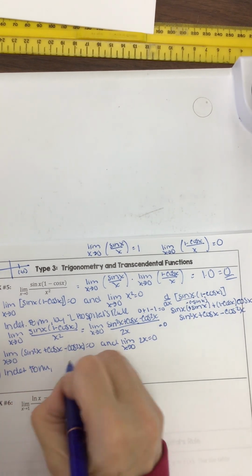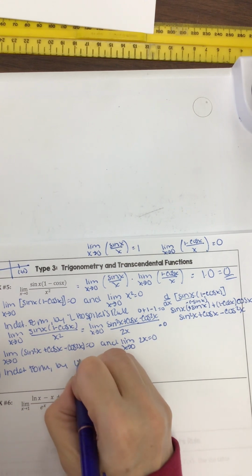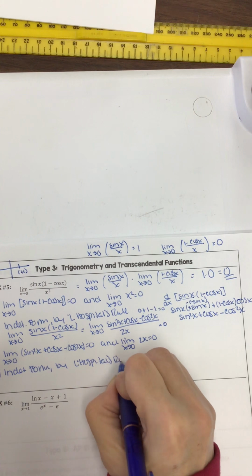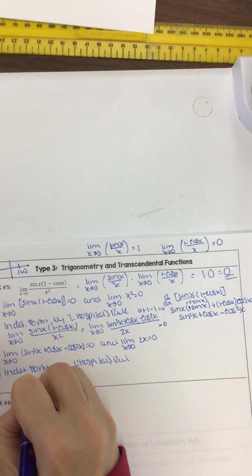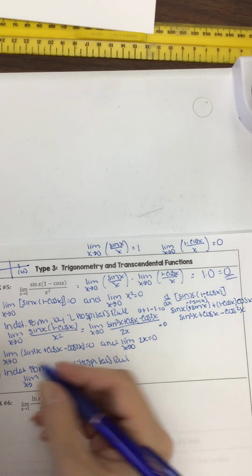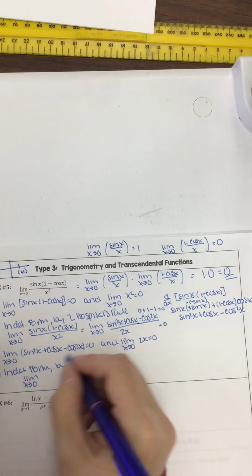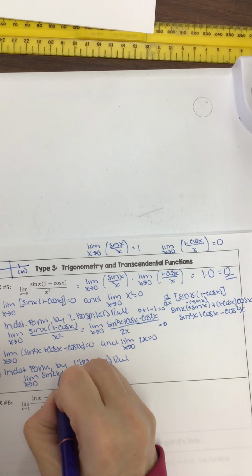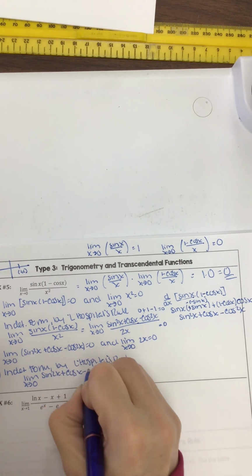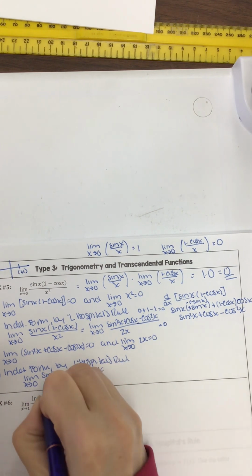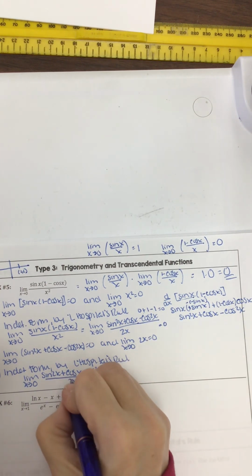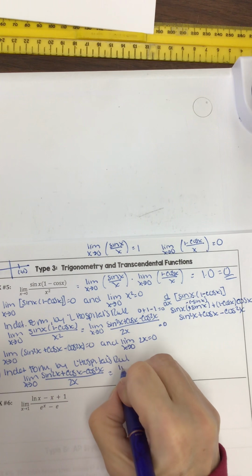So by L'Hopital's rule, the limit as x approaches 0 of (sine squared x plus cosine x minus cosine squared x) over 2x equals the limit.